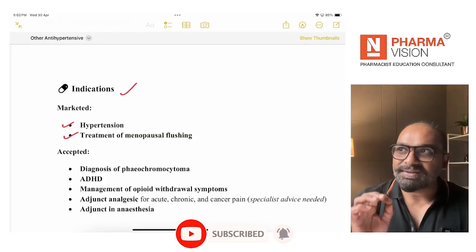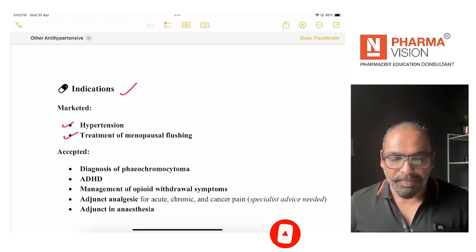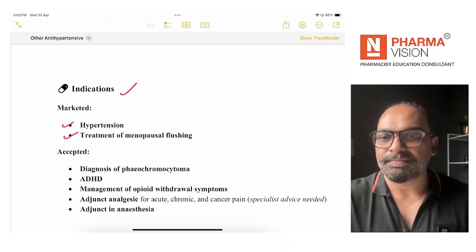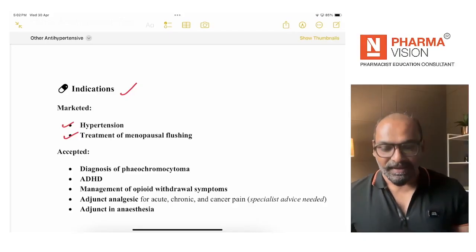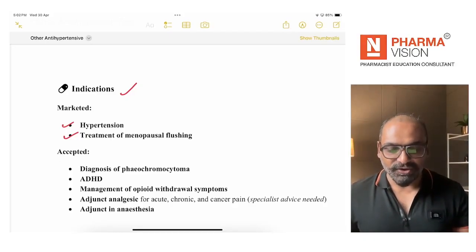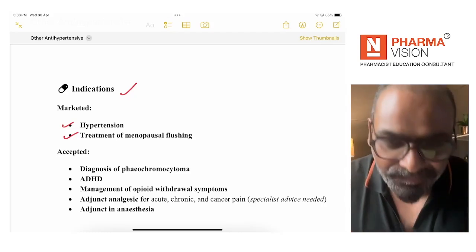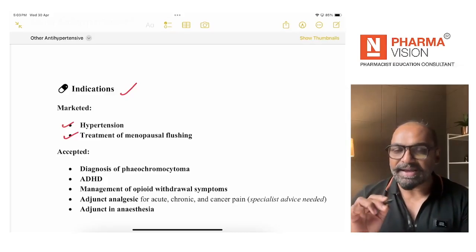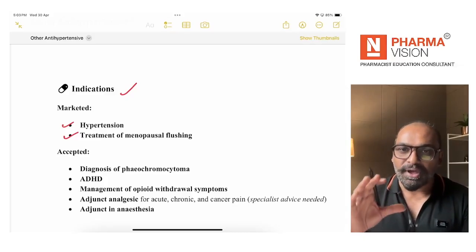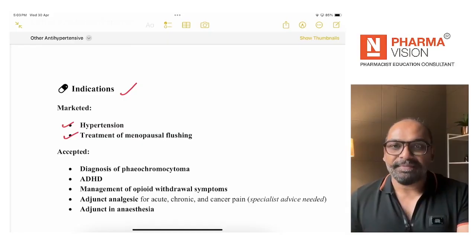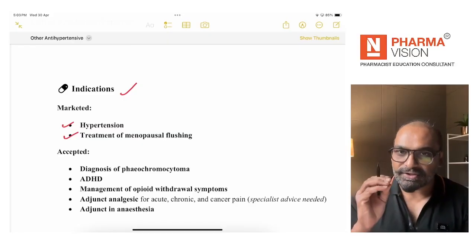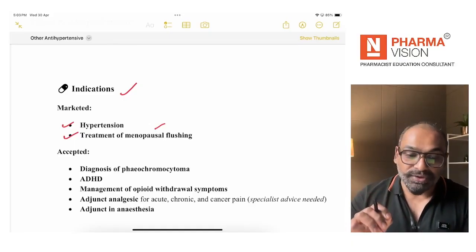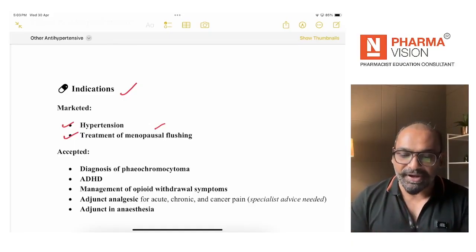Those females who are not tolerating medications like hormones, estrogen supplements, for managing menopause symptoms, in that situation we can give Clonidine as a medication for menopause.